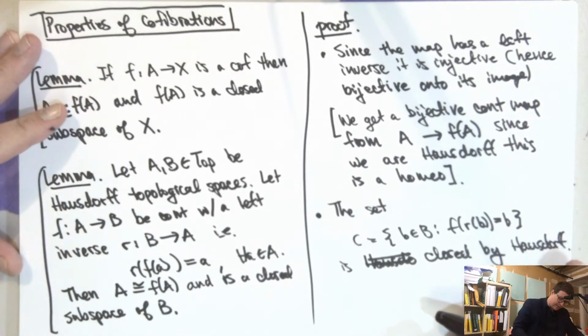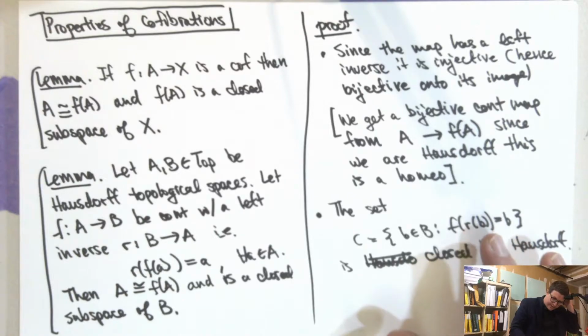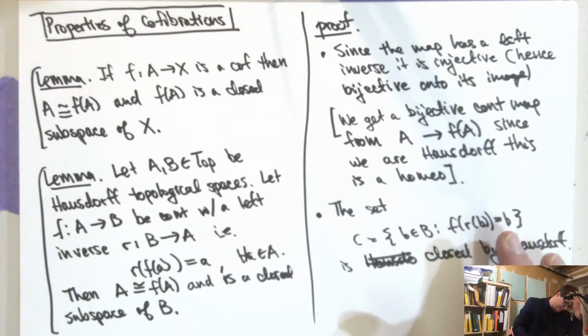So this is the set of b in B such that f of R of b is equal to b.